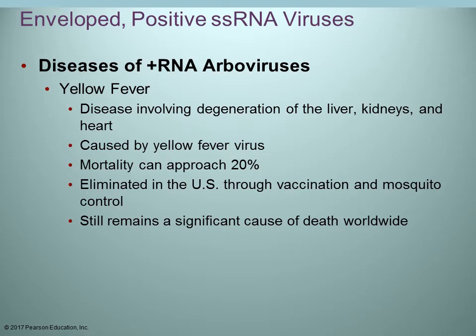Now, this is still a problem in other areas of the world than the US. A lot of people think, oh, that's a fever from a long time ago. Yellow fever doesn't exist anymore. Yes, it does. It's just that in the U.S., it's been pretty much eliminated because of vaccination and mosquito control once again. But in other countries, it is still a problem.